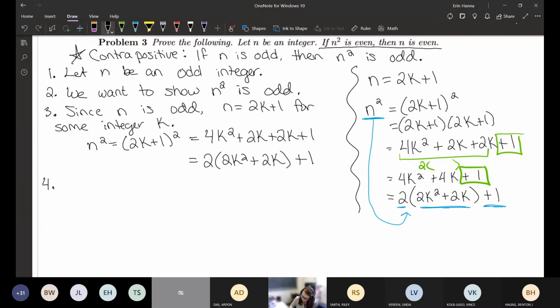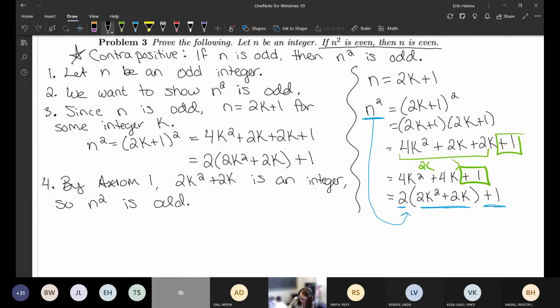So we'll say something like by axiom 1, 2k squared plus 2k is an integer. So n squared is odd.